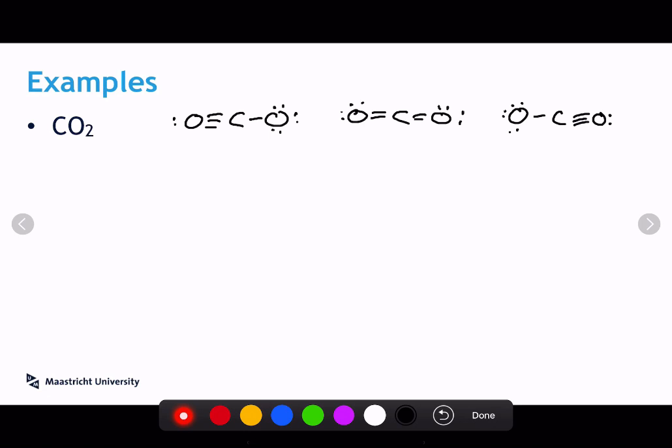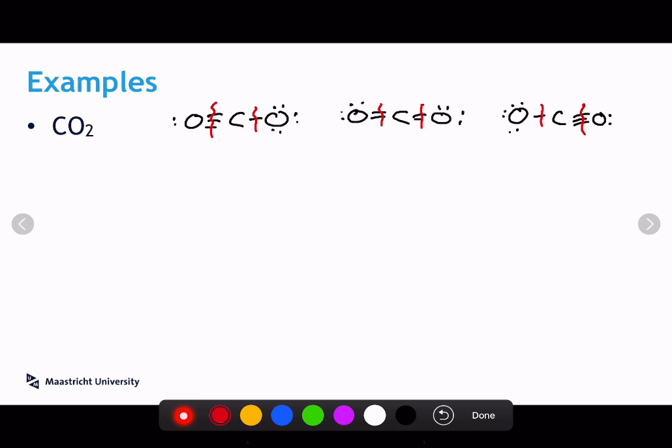For formal charge, what we do is we split all of the bonds in half. Half the electrons go to one atom, half the electrons go to the other atom. And then if there are any lone pairs, they belong to the atom that they sit on.